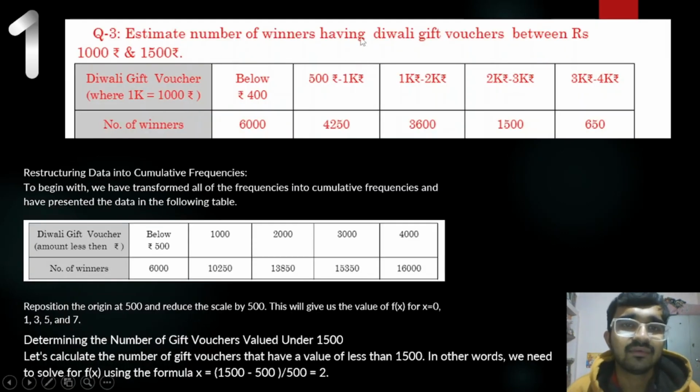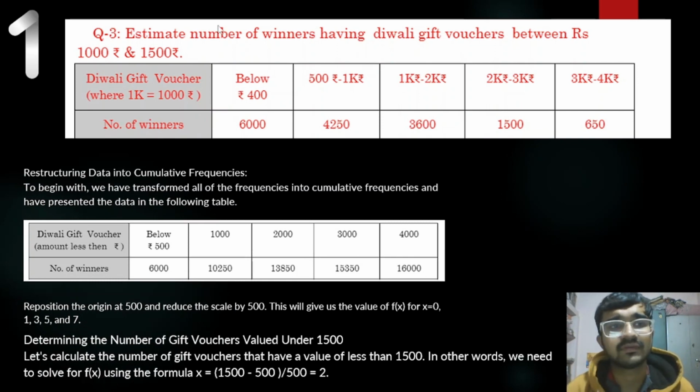In this question we have to estimate the number of winners having Diwali gift vouchers between 1000 rupees and 1500 rupees. For estimating, first we will convert this data into cumulative frequencies.